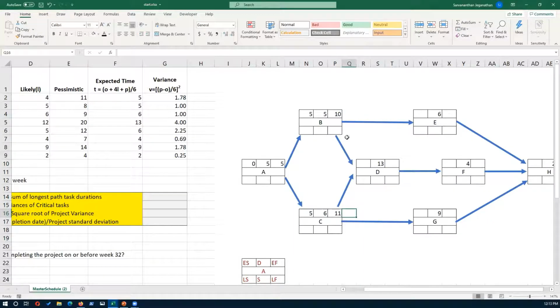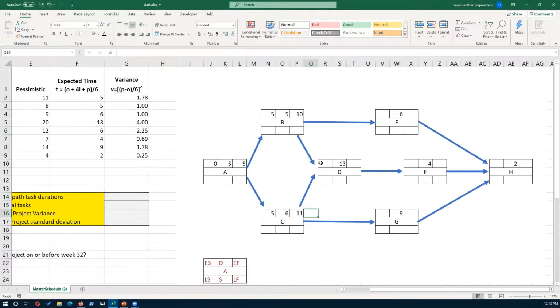And now you have a task D, which is dependent on B and C. Now in this case, you would select the maximum of these two, which is 11. And then you do the calculation. So that is 11 plus 13 is 24.